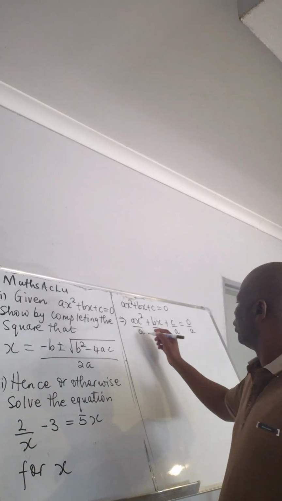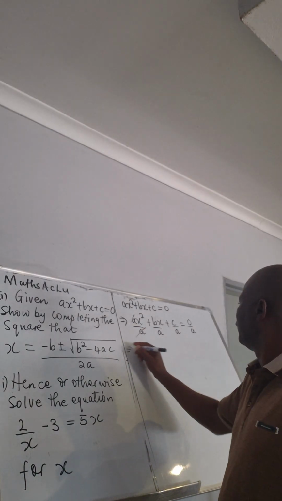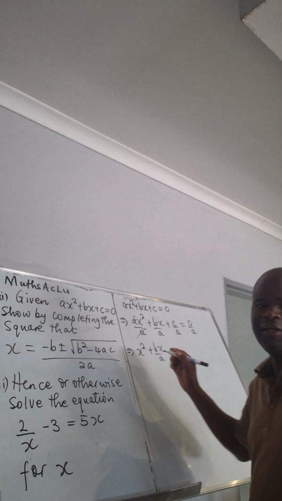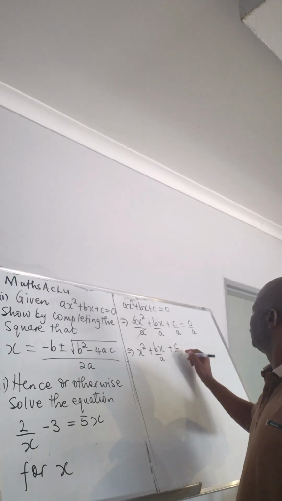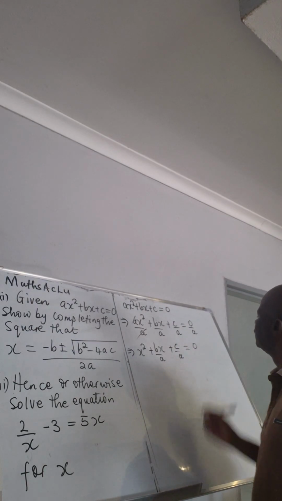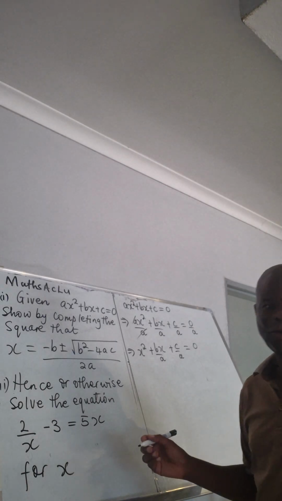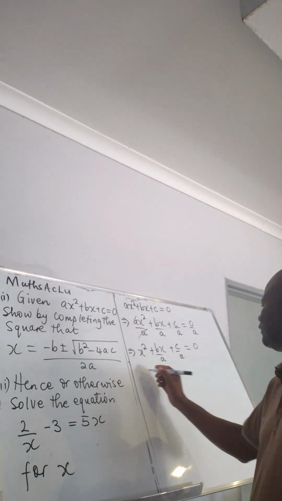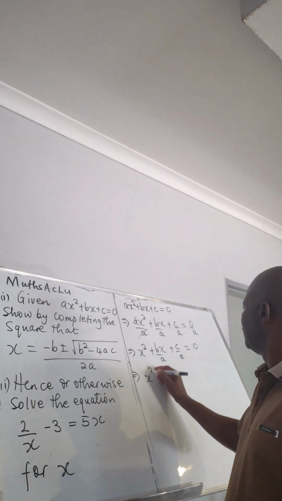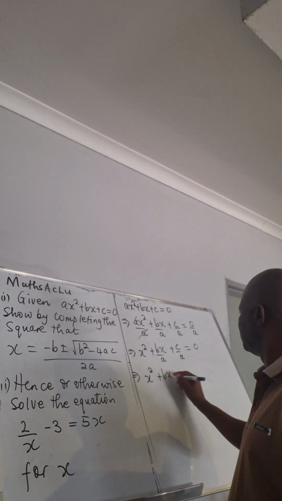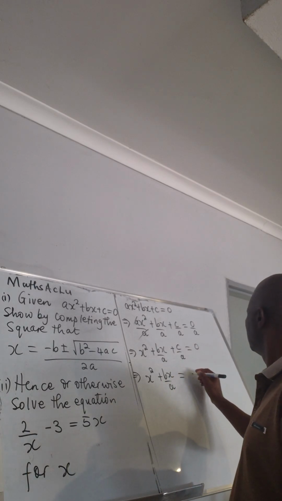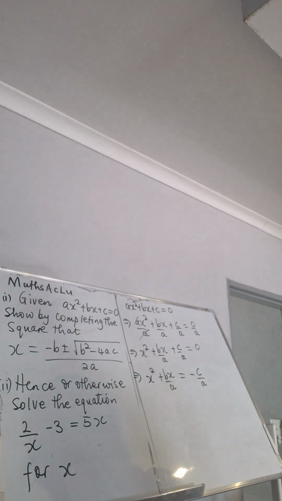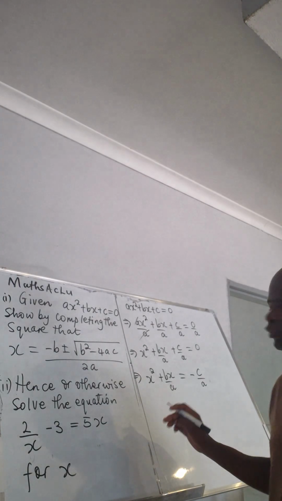Right. So a cancels here. And we have x squared plus bx over a plus c over a equal to 0. 0 over a is 0. So like what we are doing before, the constant must go to the right-hand side. So this implies x squared plus bx over a is equal to minus c over a.